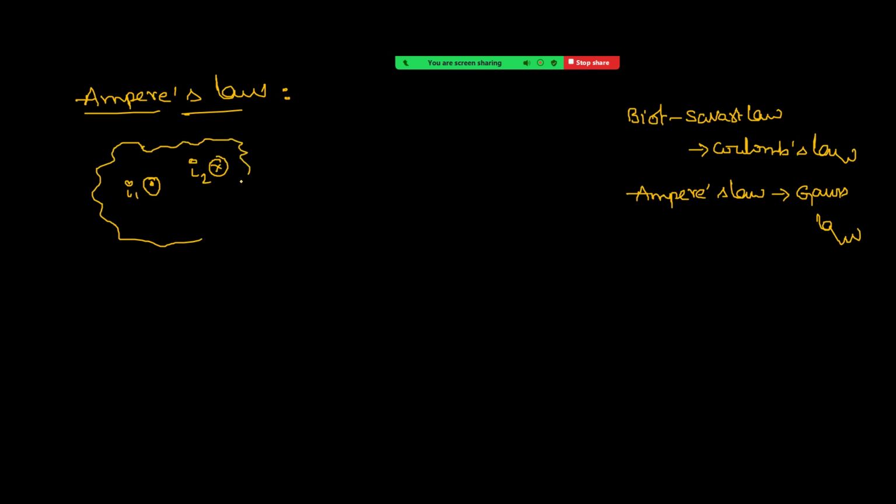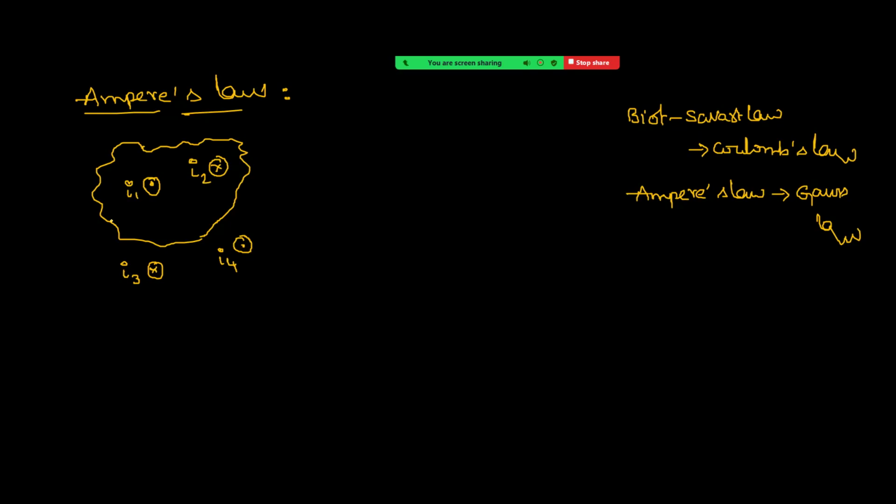Imagine one loop. Okay, and current I3 here, suppose inwards, current I4, it is outwards, meaning normal to the plane of the board, and it is inwards and this is outwards. So here we are imagining one loop.